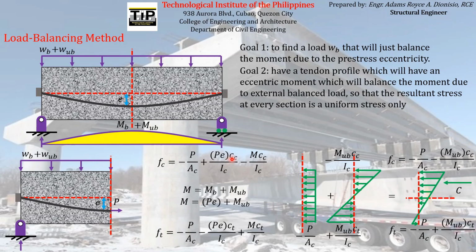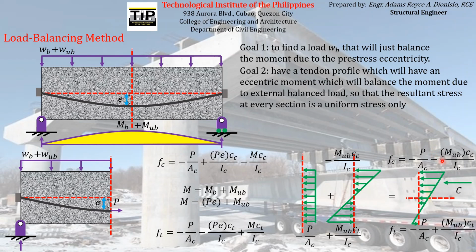So factor out C over I together with the negative sign, and you will have negative C over I times M minus PE. Since M minus PE is just equal to MUB, you can replace M minus PE by MUB, and the resulting equation will be negative C over I times MUB, which is equal to M minus PE.